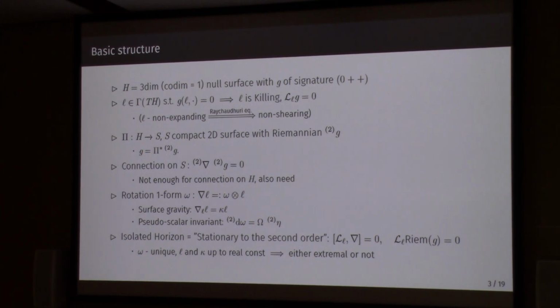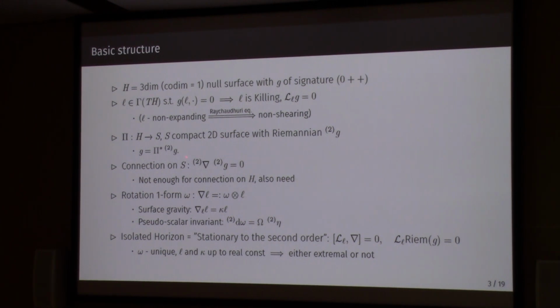So we can project down along this null direction to a space that we usually call the space of the null generators, or just a section of the horizon.